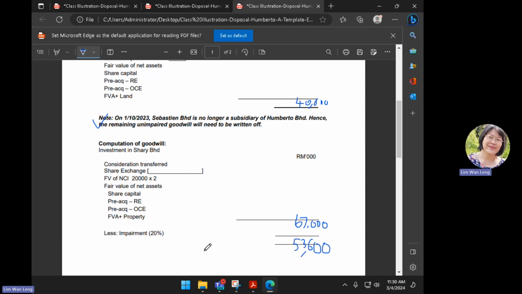Okay, and bear in mind that because the NCI has been measured at fair value, should you be required to prepare the consolidated SOFP, consolidated SOPL, then remember the impairment has to be shared.